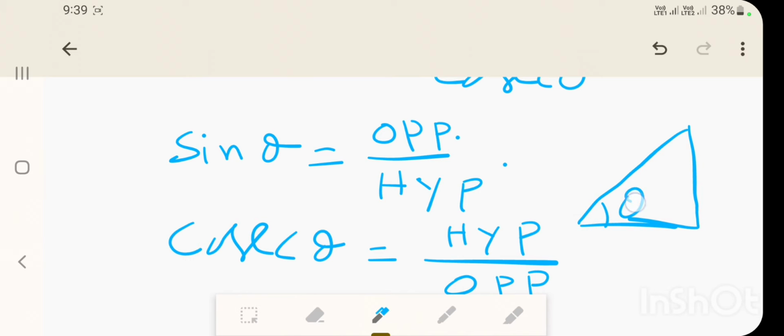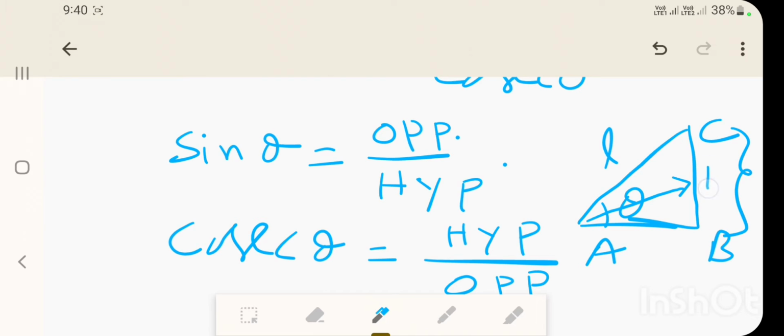This is angle theta, triangle ABC. AC is the hypotenuse, with length L. Opposite to angle theta is BC, so you can take its length as K, and the adjacent side length you can take as M.